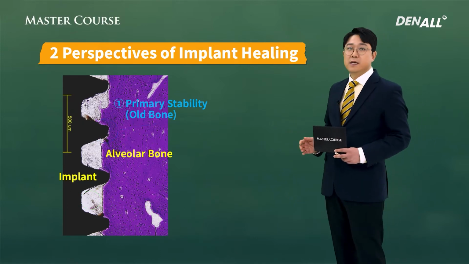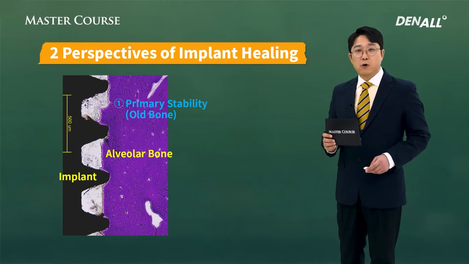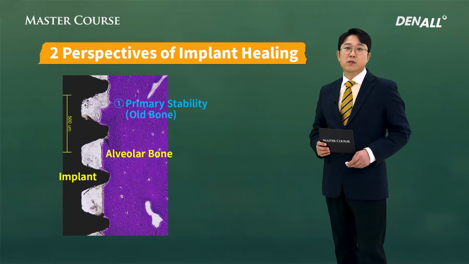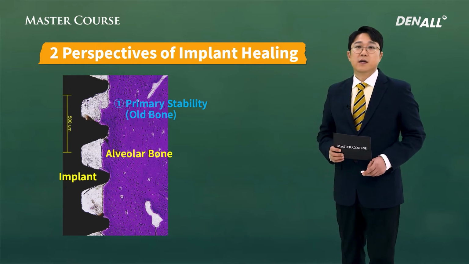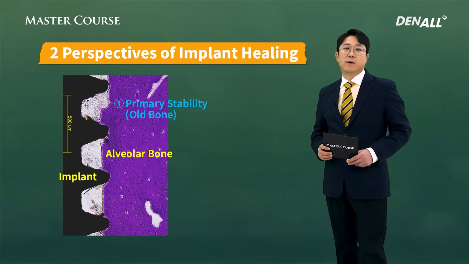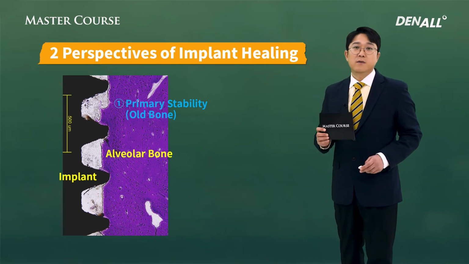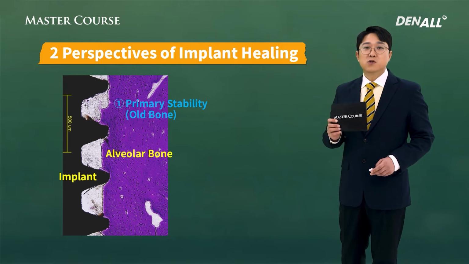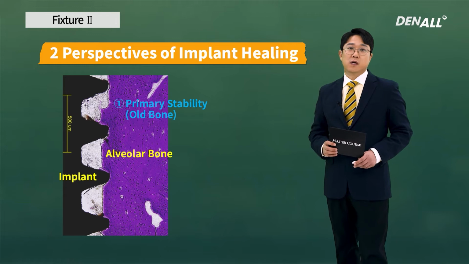First, the primary stability. According to Lau et al.'s paper, osseointegration is the prerequisite for the successful implant healing. Primary stability is the prerequisite to acquire the osseointegration later, according to him.